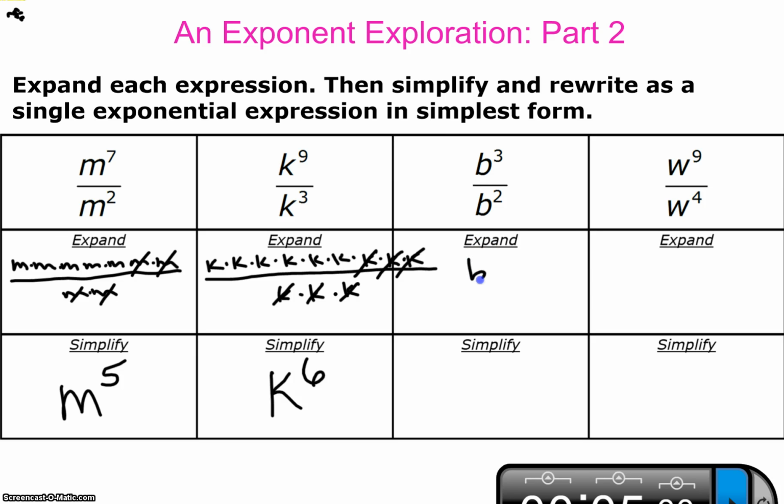Next example would be B times B times B divided by B times B. Those cancel, so you're left with B to the 1 power.